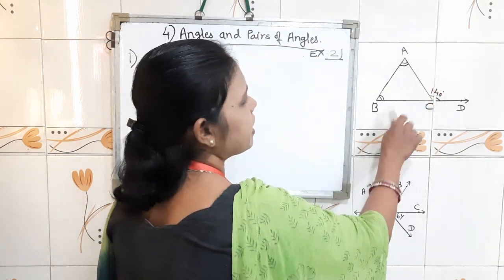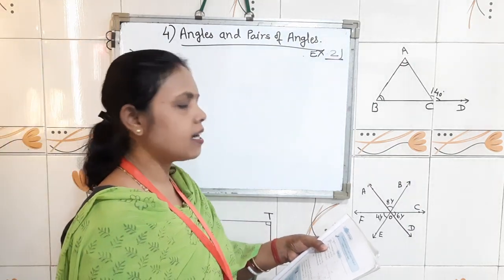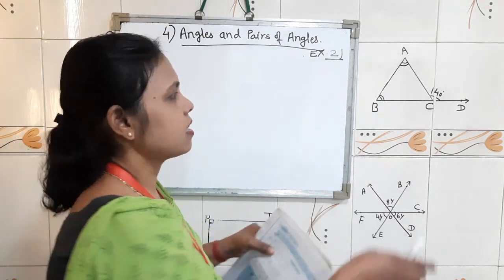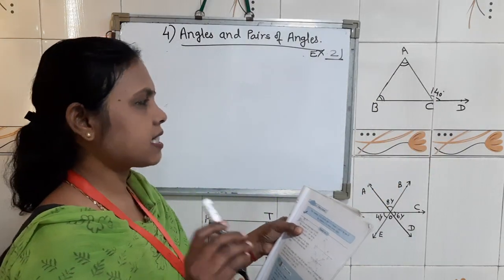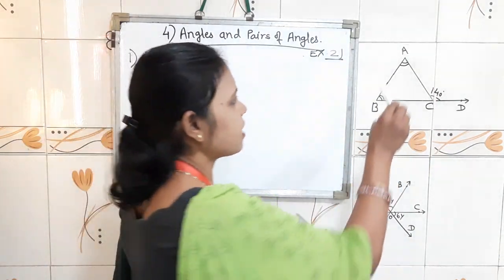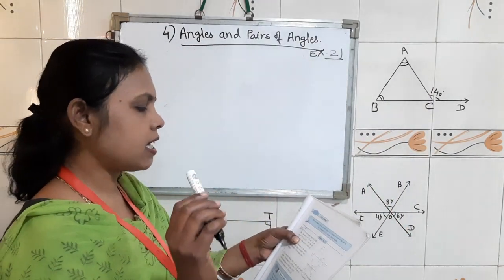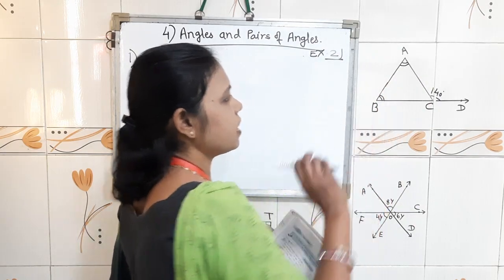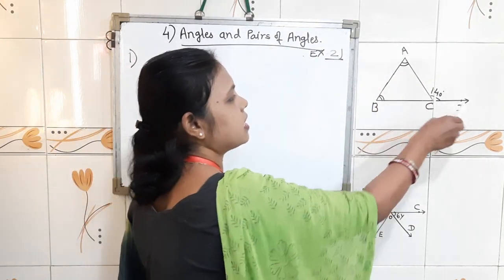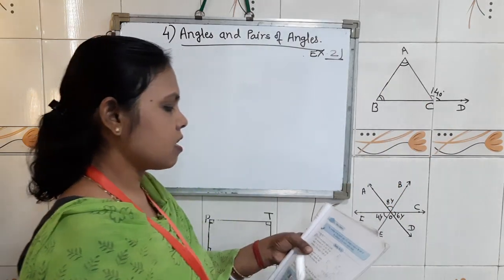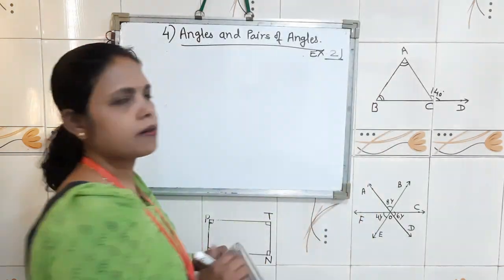In triangle ABC, first we will read the question. Angle ACD, that is this one, ACD is an exterior angle of triangle ABC. The measures of angle A and angle B are equal. If ACD is given 140 degrees, find the measurement of angle A and angle B.